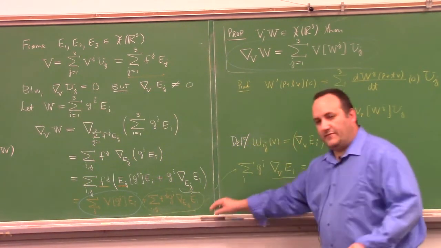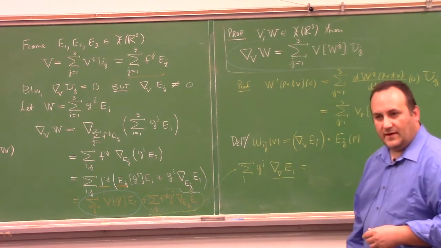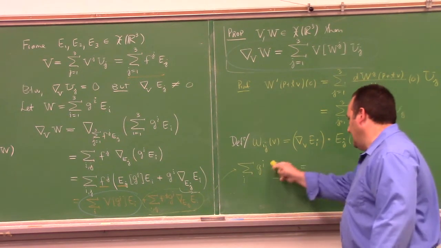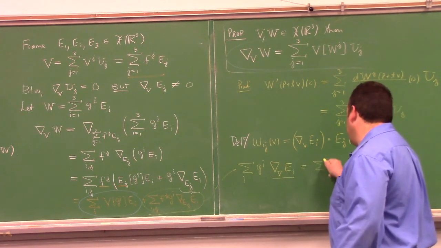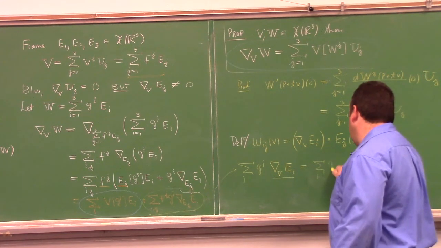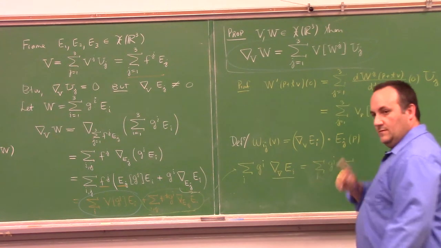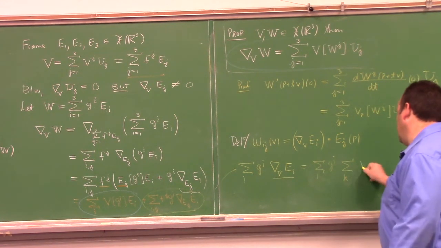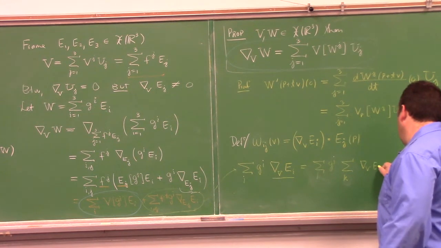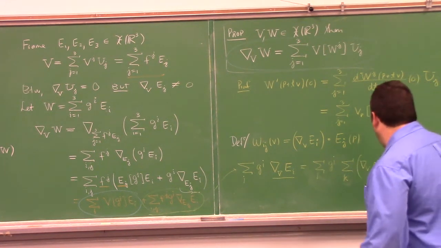All right, so like everything else we've been doing today, this is a vector, and I can expand it in terms of the frame. So this is the sum over I, G upper I, sum over K, of the covariant derivative in the V direction of EI dot EK, EK.